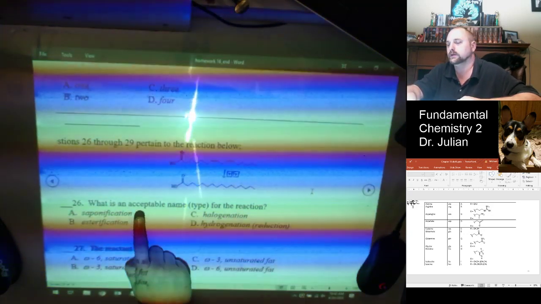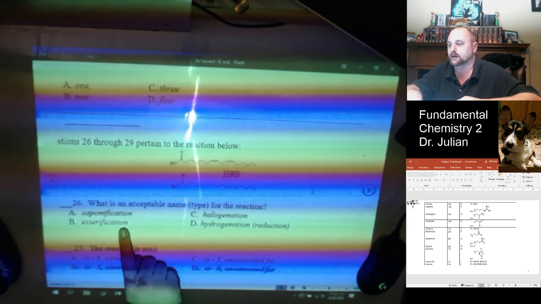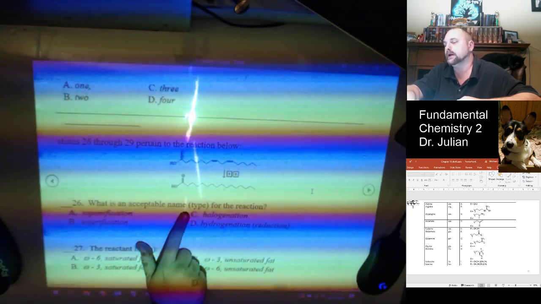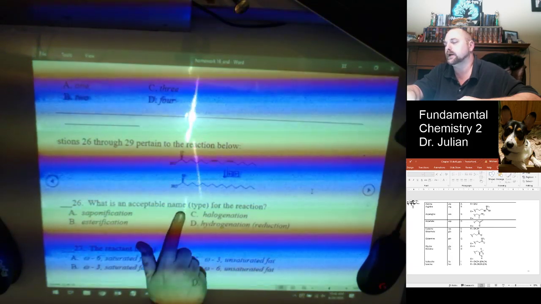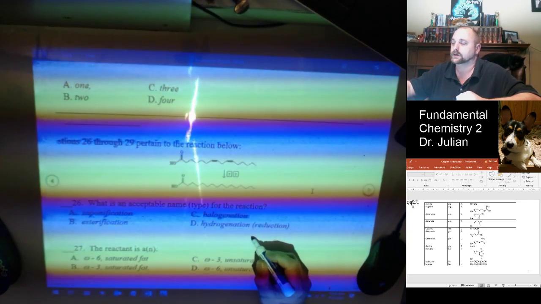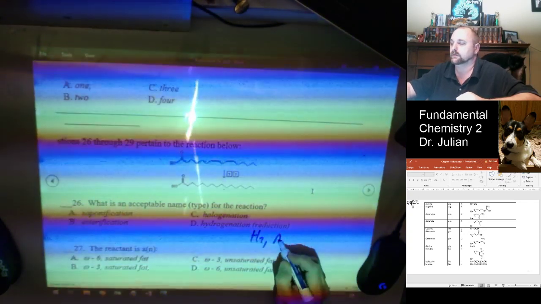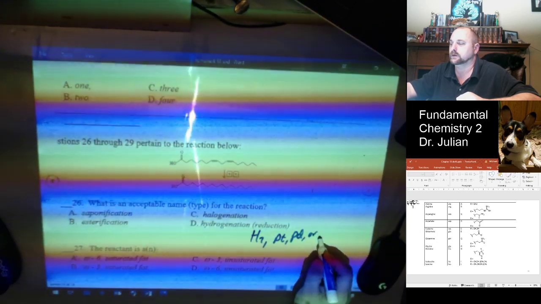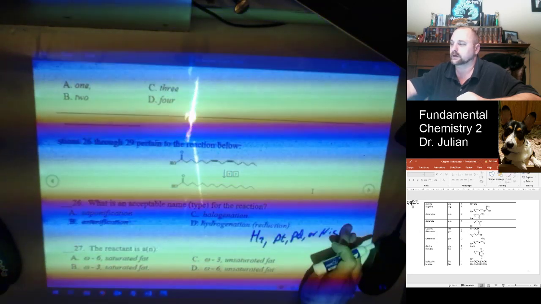So we break an ester. Esterification, we make. Halogenation, we're either adding halogens or we're substituting to put halogens on. There's no halogens here. So we did H2 with platinum, palladium, or nickel as a catalyst.